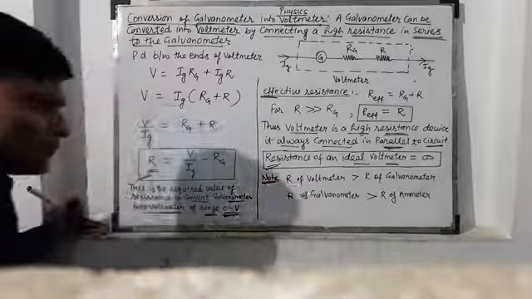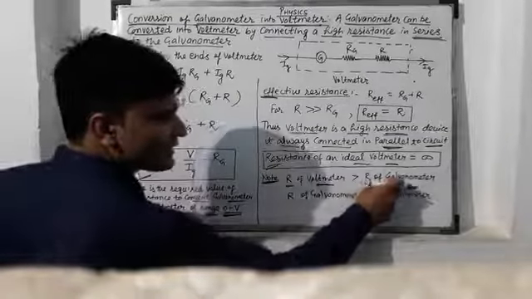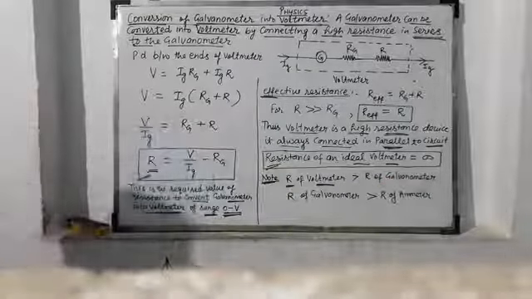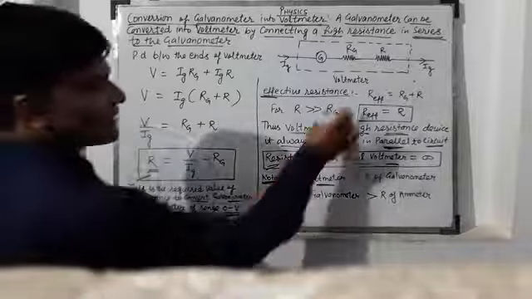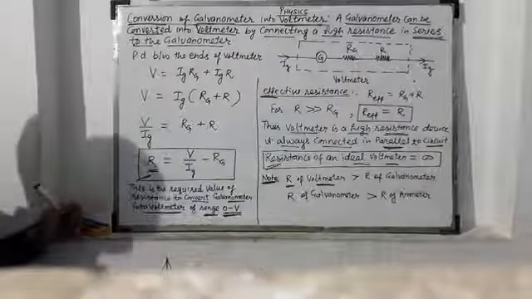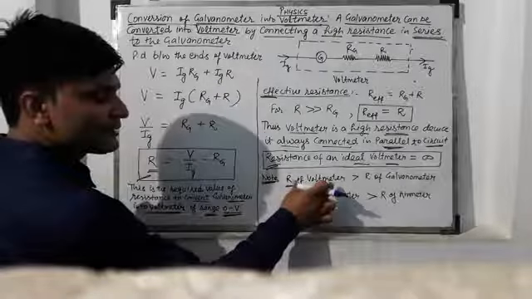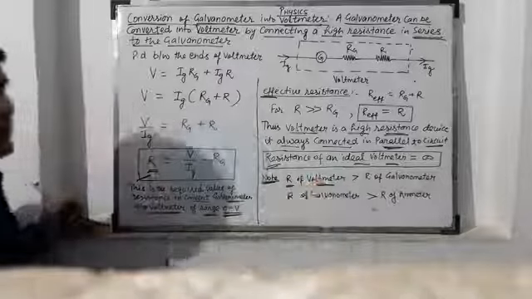Something for you: the resistance of a voltmeter is greater than the resistance of a galvanometer because we connect a resistance R in series, and in case of series the total resistance is greater than the individual resistance.